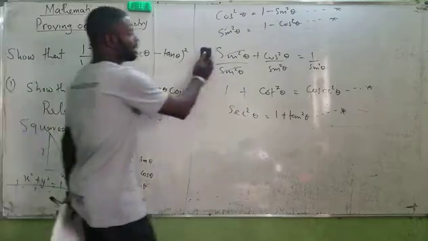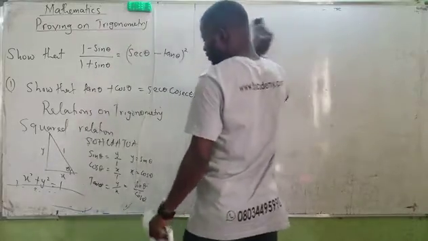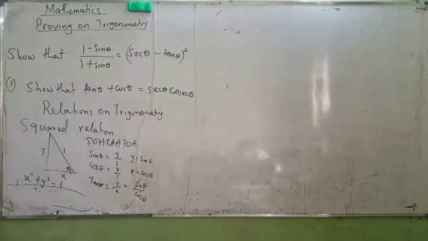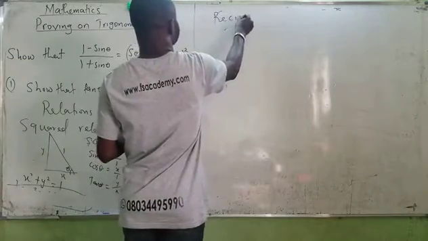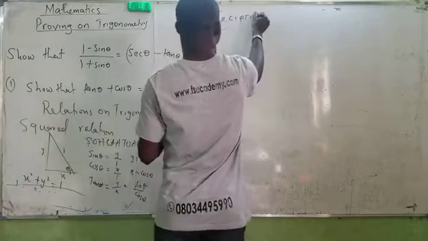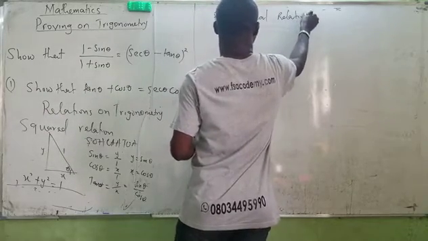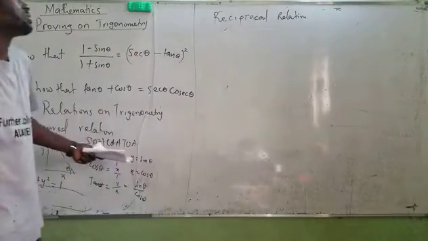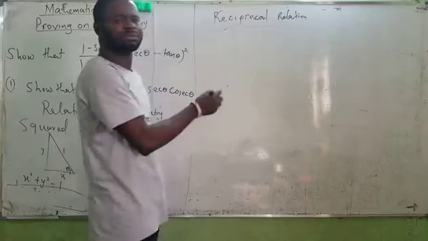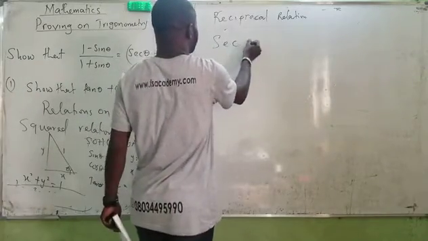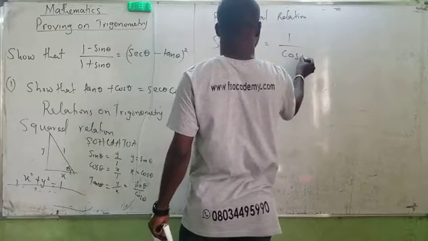I'm still on relation. Let me explain what is called reciprocal relation. Now, when we talk about reciprocal relation, we have sec equals 1 all over cos.